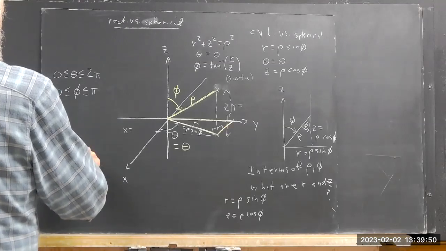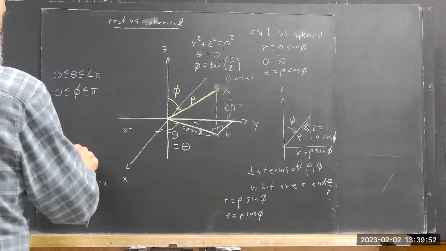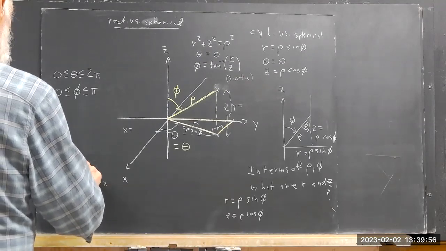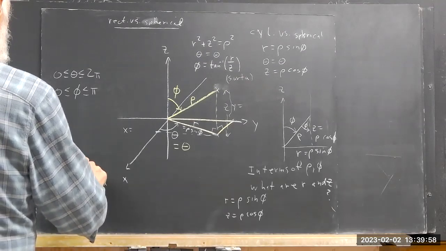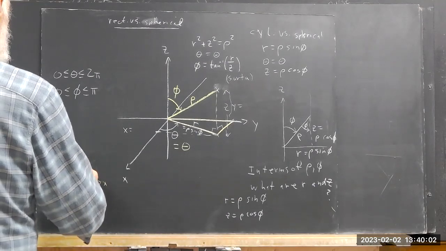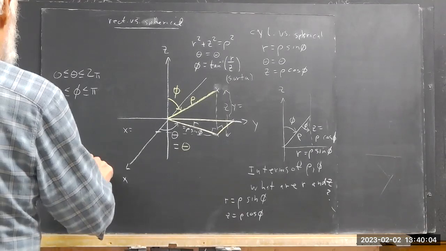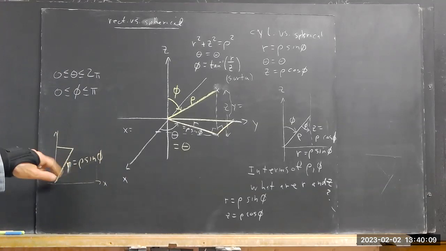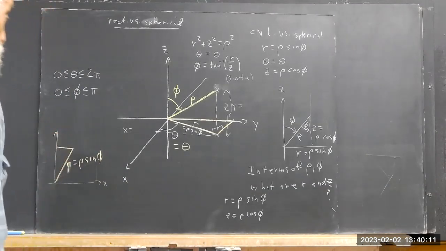Here's rho. So here's R, which is rho sine phi.